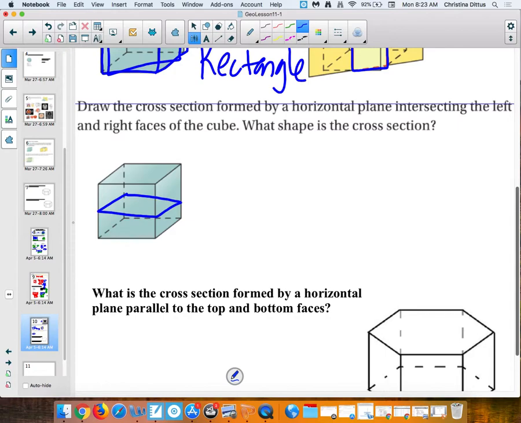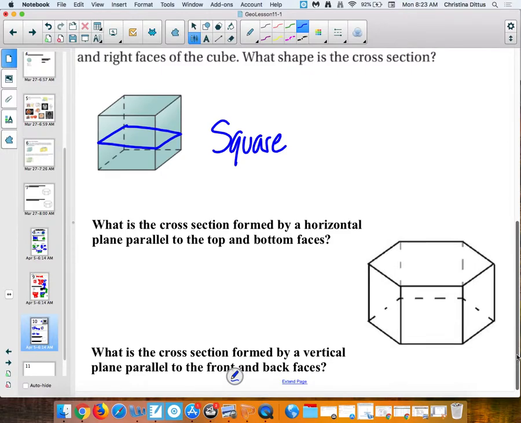Yeah. Okay, how about if I cut this horizontally, parallel to the top and bottom? So we got something like that. What shape do I have there? Hexagon, same as our top and bottom shape.